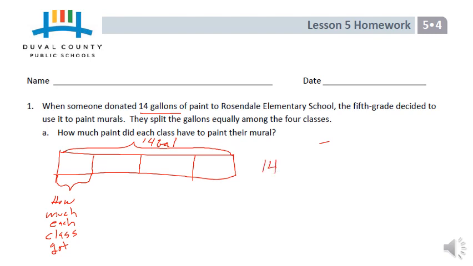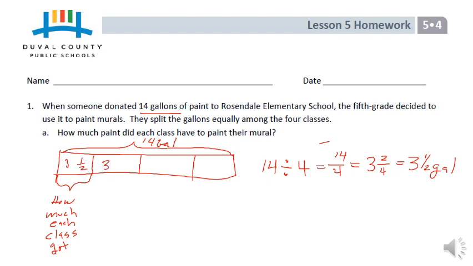So we can see by this, we're going to do 14 gallons divided by 4 classrooms, which equals 14 fourths, which now we can see 4 going into 14 3 times, because 4 times 3 is 12, and there'll be 2 fourths left over, which is also equivalent to 3.5 gallons.